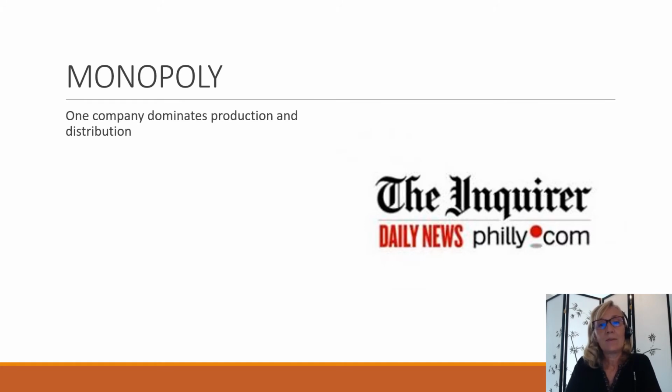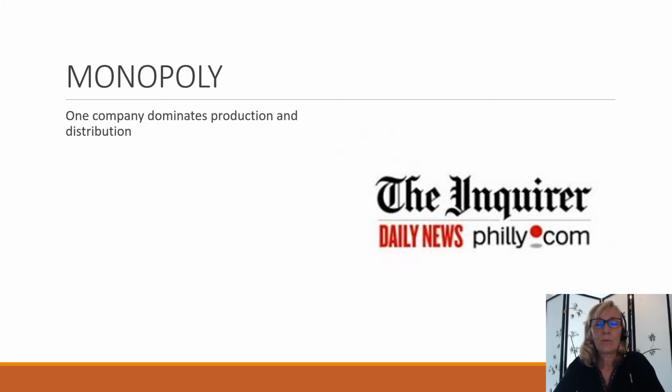An example of a monopoly is in Philadelphia, there is one newspaper holding company that publishes in 3 different outlets. So the one company produces the Inquirer, the Philadelphia Daily News, and then they have an online news presence, Philly.com.